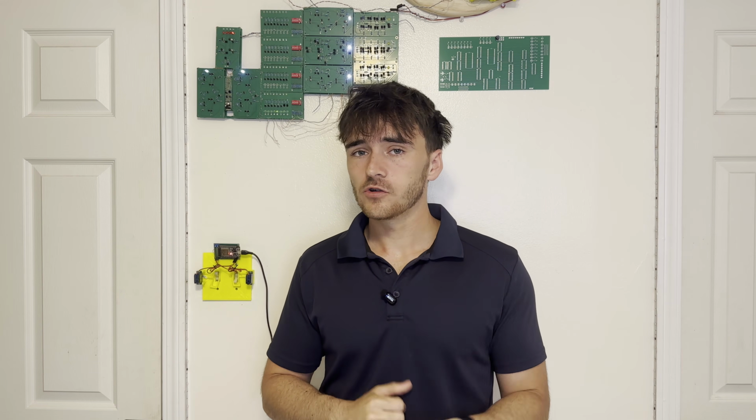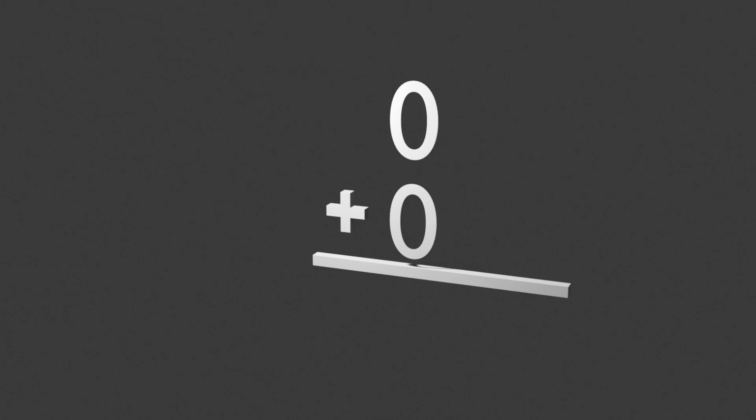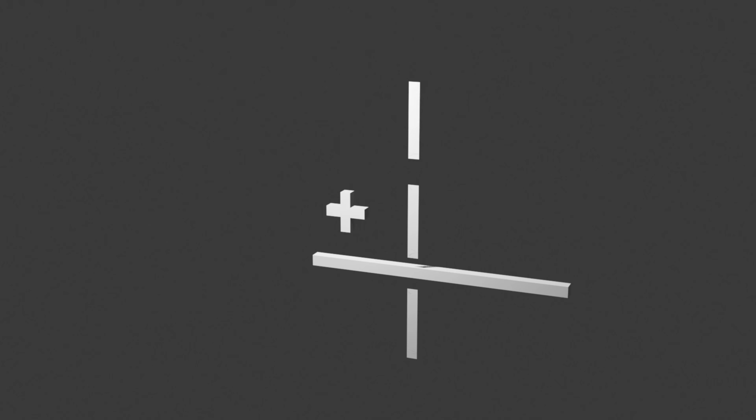So 0 plus 0 gives us 0. Wow, this is shocking. So if we have 1 plus 0, we get 1. Makes sense. But if we flip the two numbers around, 0 plus 1 is still 1, commutative property of addition. But notice 1 plus 1 gives us 0 carry 1.